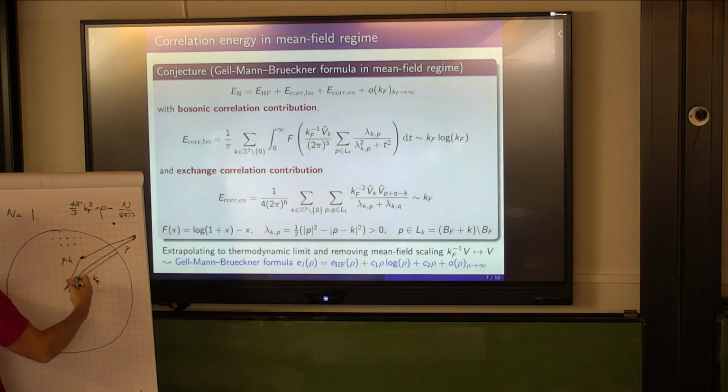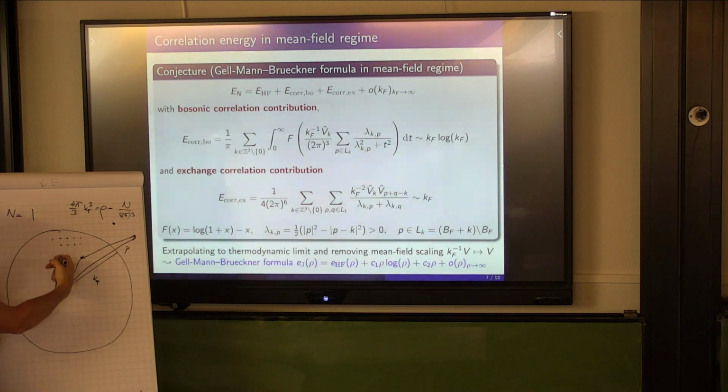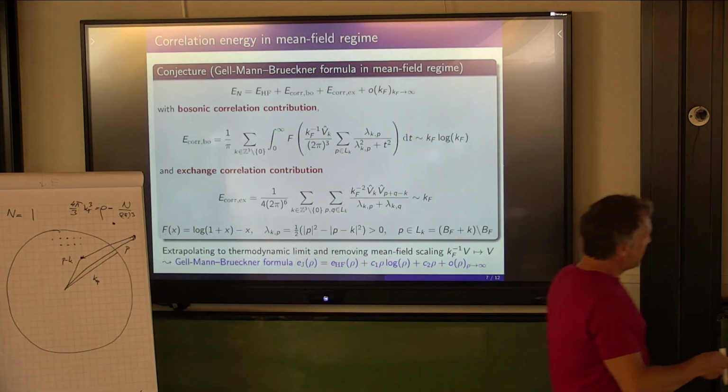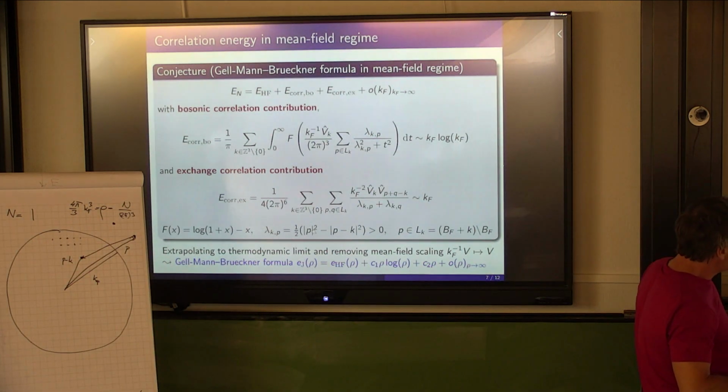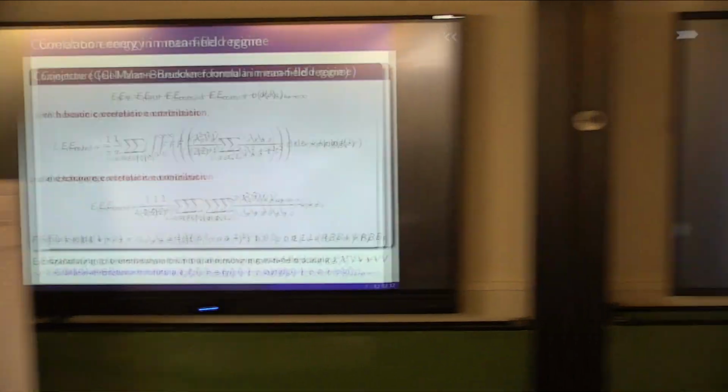So the change in energy is you add P squared and you subtract (P minus k) squared. This is the energy change of the kinetic energy of the full Fermi sea when you make a hole inside and a particle outside. So you can also write that.